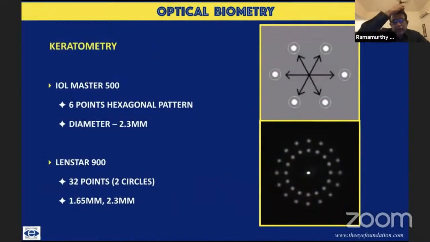As far as the keratometry is concerned, which is again an important feature because of which axial length and the IOL power calculation could go wrong, there were just about 6 points that were measured with the IOL Master 500. With the LENSTAR, it was 32 points.